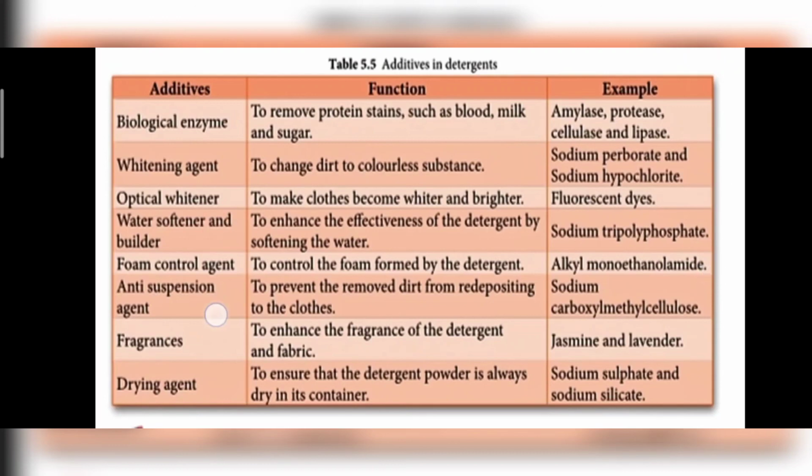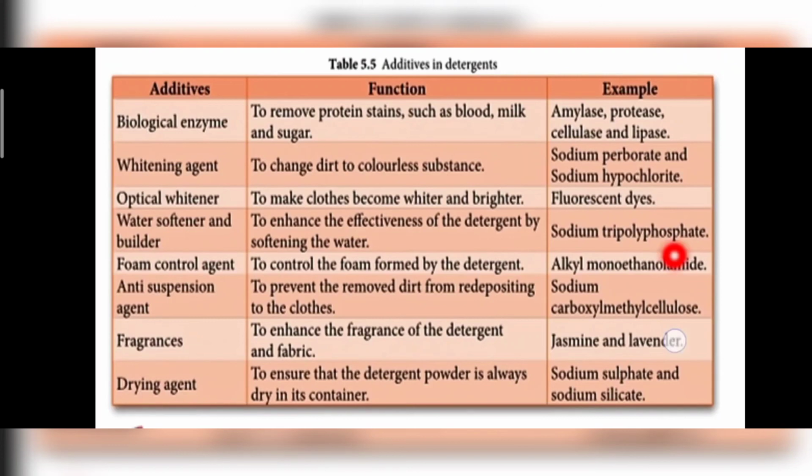And anti-suspension agent to prevent the removed dirt from redepositing to the clothes. Okay, ini kalau sudah keluar kan kotoran itu tidak mau dia redeposit lagi balik di pakaian kita lah. Contoh sodium carboxymethyl cellulose. Ini fragrance to enhance the fragrance of detergents and fabric supaya pakaian itu lebih wangi.